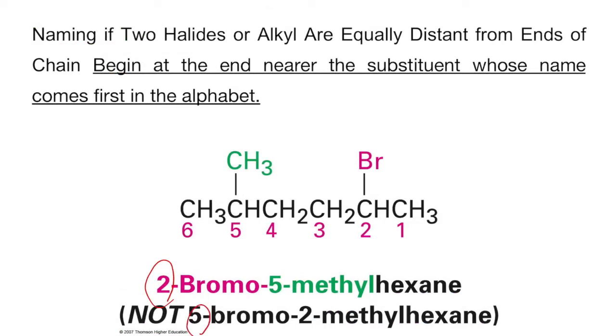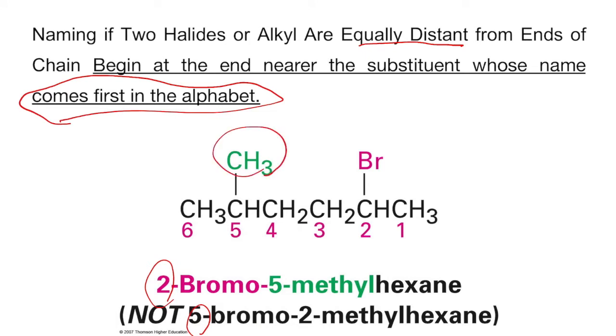Why 2-bromo, not 5-bromo? Because in naming, if the two halides or alkyls are at equal distance from the ends of the chain, we begin at the end nearest to the substituent whose name comes first.